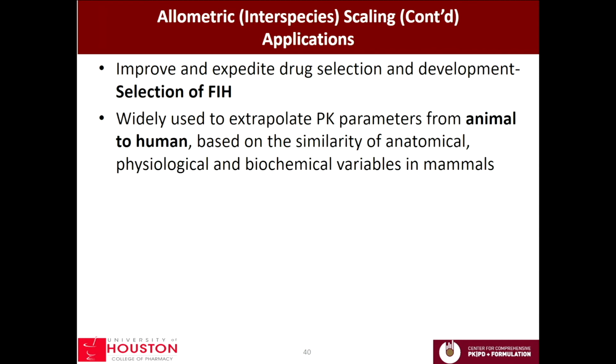And these few slides just show what we can do with allometric scaling and tox scaling. We can rationally select the first dose in human if there's a brand new compound. And we can also use that to extrapolate parameters from animal to human.